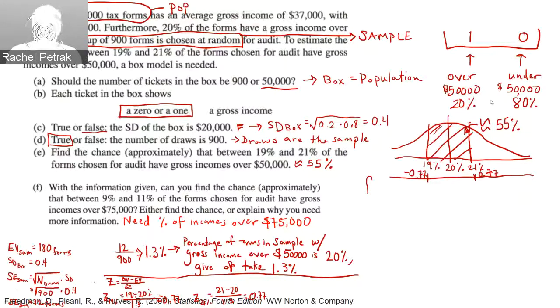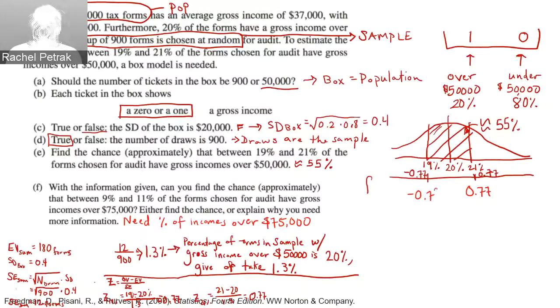This is not one standard deviation. So it's tempting because a lot of times we use problems where they work out so that the range is one standard deviation, but this is 1% difference from the expected value, not one standard deviation. It's actually 0.77 standard deviations from the mean. How do we know that?